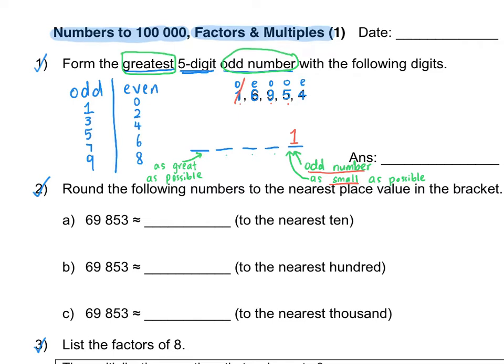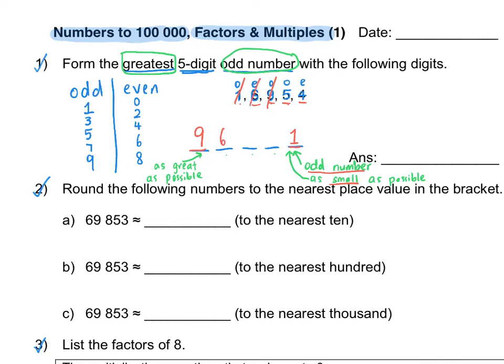So after deciding the digit with 2 pieces of information, let's go on to a digit with 1 piece of information. The 10,000s place. The number must be as big as possible. So out of these remaining 4 digits, which is the greatest digit? Digit 9, yes. Right, and we strike. Followed by digit 6.